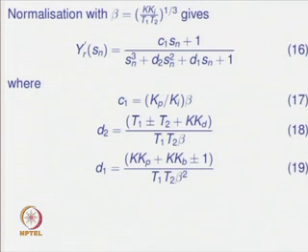C1, D2, D1. Like the earlier case, with the optimization of the ISTE criterion, it is possible to obtain optimum values for D2 and D1 coefficients with respect to C1, or for various C1.